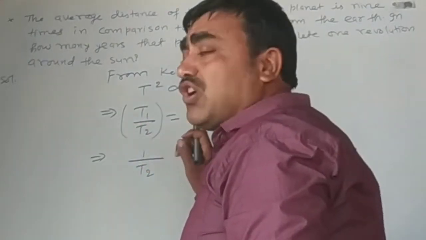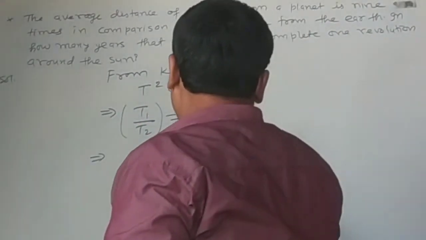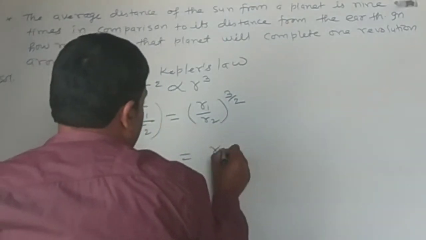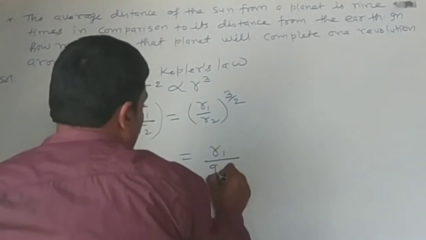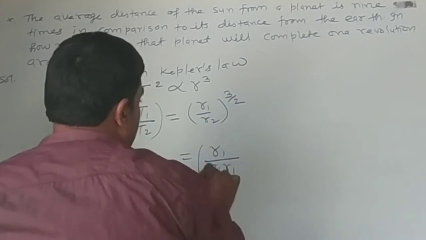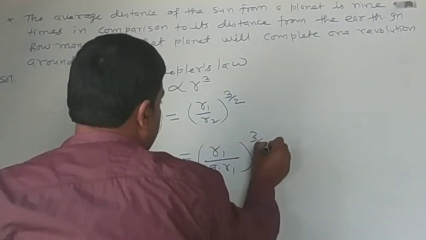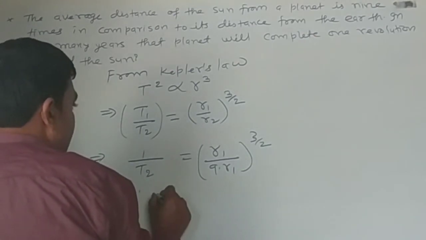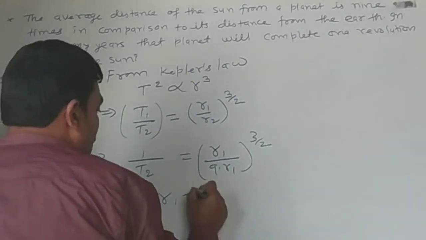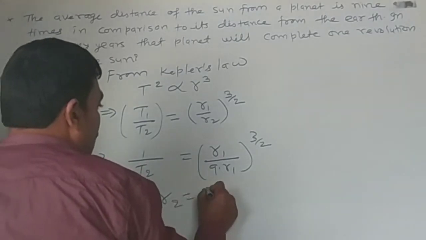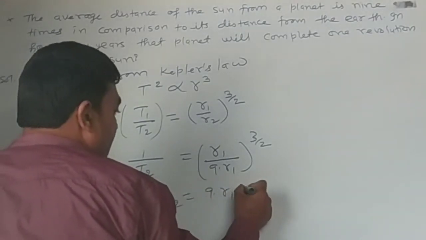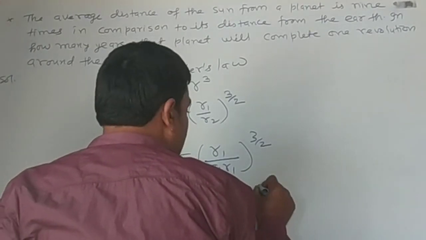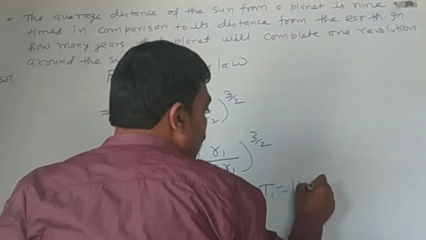So T1 is equal to 1 year, and according to the question, R2 is equal to 9 into R1.